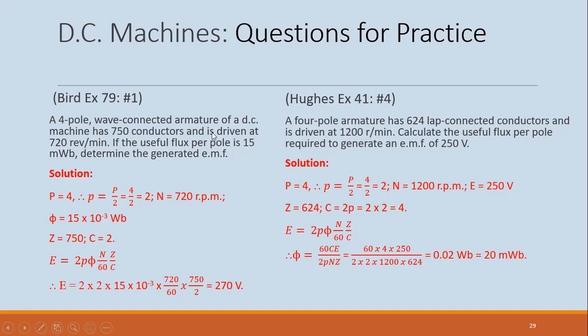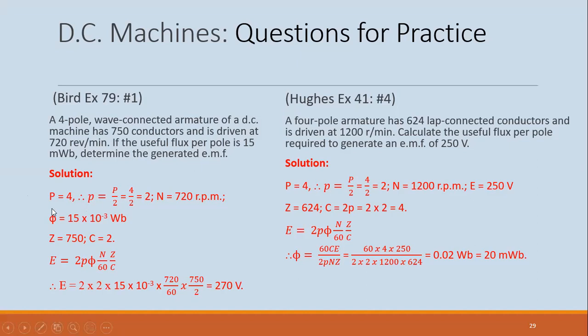Yeah, right, by an external force. So it is driven at 720 revs per minute, right? So remember that generated EMF is the term that is used for generators. And that same E, the same formula, will give you the back EMF in a motor.